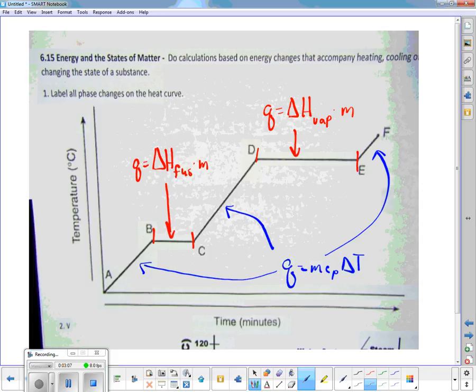Yes? So this could be either grams or moles, but it all depends on what unit the delta H is given to you in. So you have to watch that delta H, and if it's given in moles, then you're going to have to change your grams to moles before you throw it in. Okay? All right, let's go down a little bit farther.